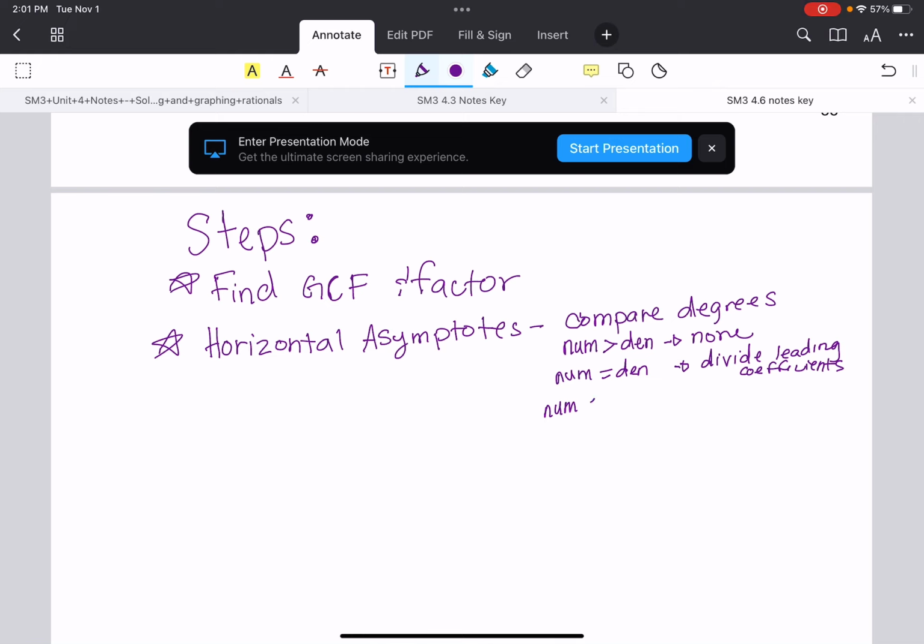If the numerator is less than the denominator, y equals 0. And these are always written as a y equals, besides the none. If it's none, it's just none. This is the equation for your horizontal asymptote. Y equals whatever you find.